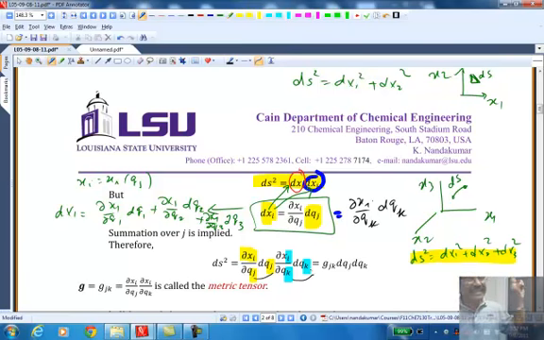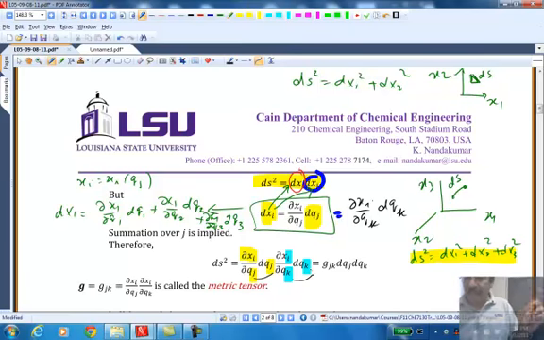There are actually 3 indices that appear there. i appears twice, j appears twice, k appears twice. So when I expand that, how many terms am I going to get? 27 terms. So it's a very compact way of writing a very large expression.